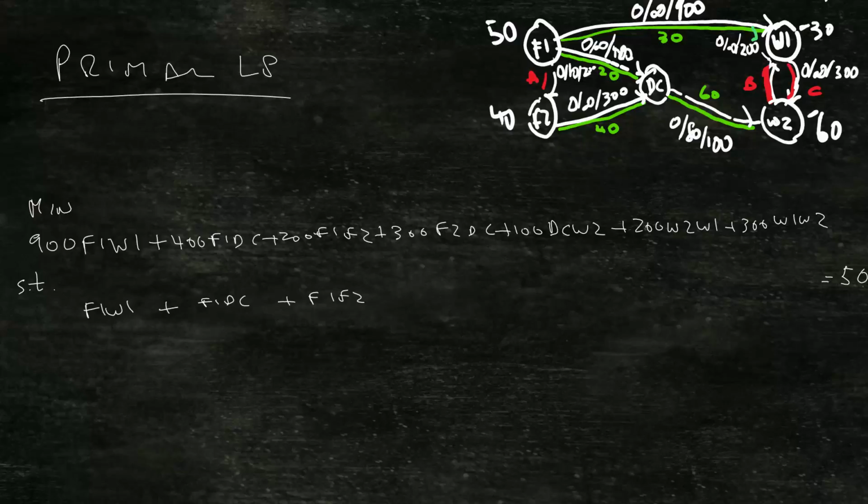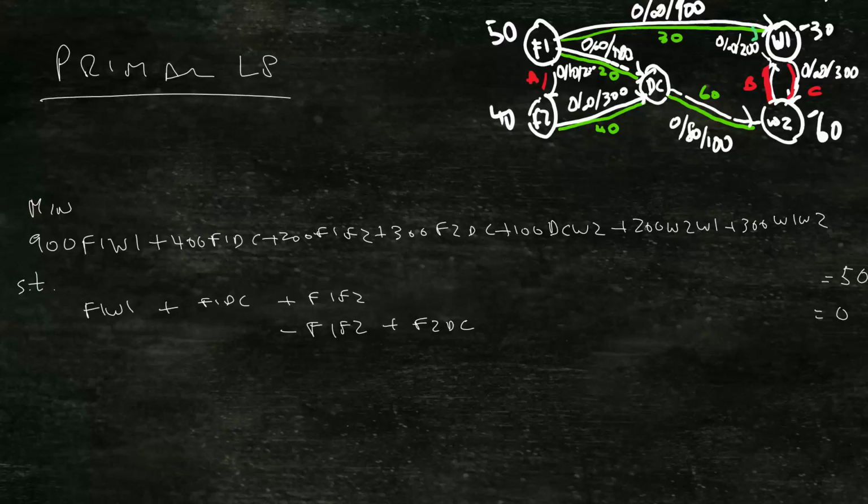And next is for F2, it's minus F1F2 plus F2DC is equal to 0. And that covers the F2. Now we get to the DC.